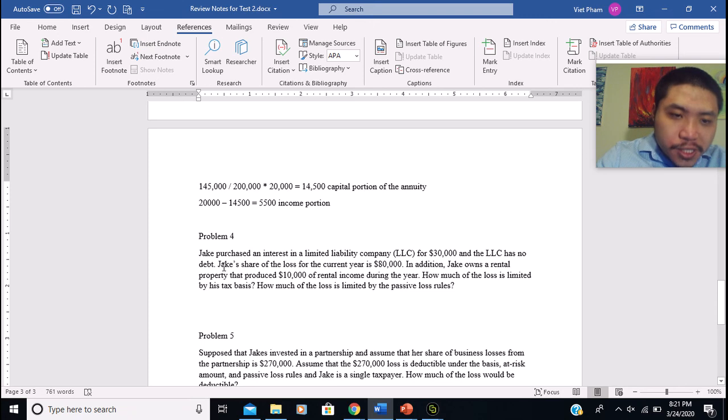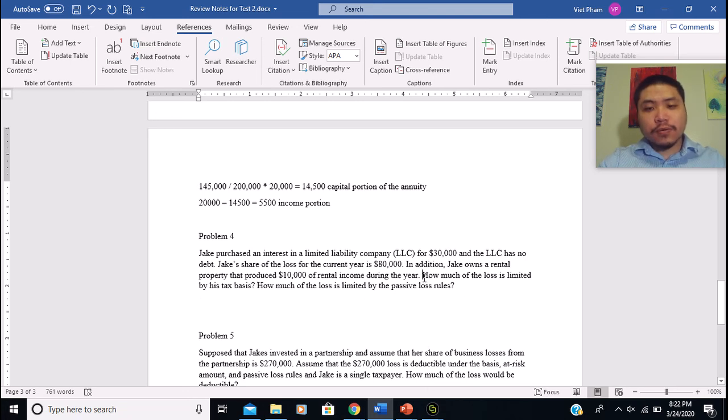The question says Jake purchased an interest in a limited liability company for $30,000, and this company has no debt. Jake's share of the loss for the current year is $80,000, and in addition, Jake owns a rental property that produced $10,000 of rental income during the year. The question asks how much of the loss is limited by his tax basis, and how much of the loss is limited by the passive loss rules.